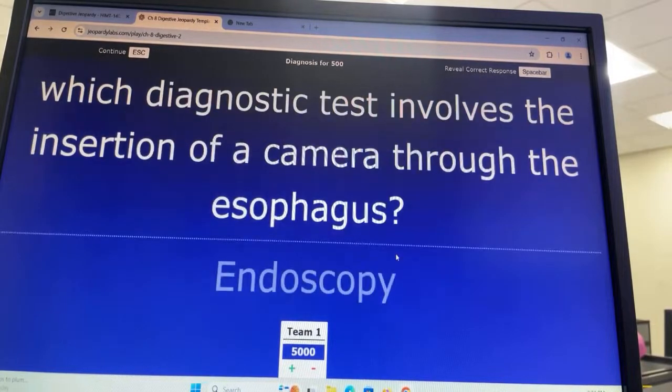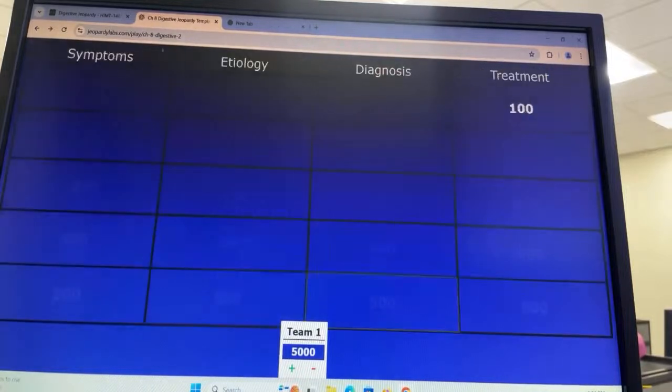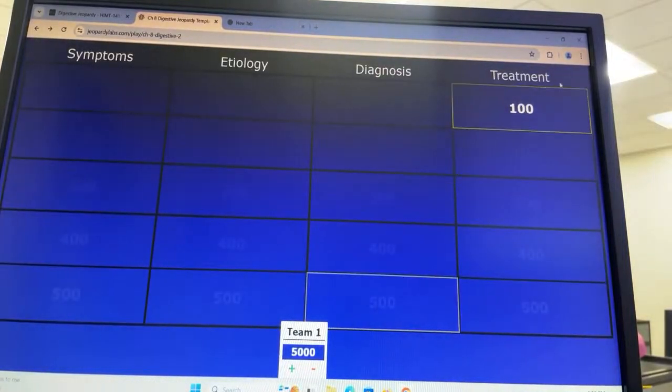I don't know what you said, but I think you said endoscopy. An endoscopy goes through the mouth and can go through the esophagus, the stomach, the duodenum, the small intestines. A colonoscopy goes in the back end, right up the colon. And look at that, we have just enough for everybody to go twice. Perfect.